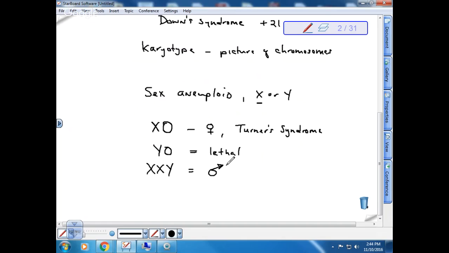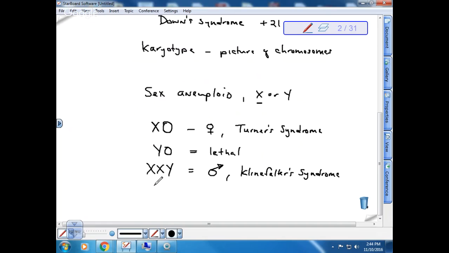And that is due to the Y chromosome. So the Y chromosome has a gene on it that determines if an embryo is going to become a male or a female. So if it has a Y chromosome, it will always be a male, okay? So this is a male, and this is Klinefelter's syndrome.